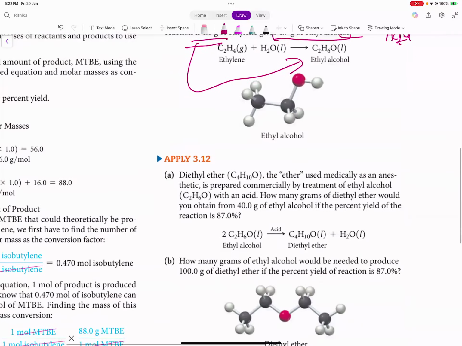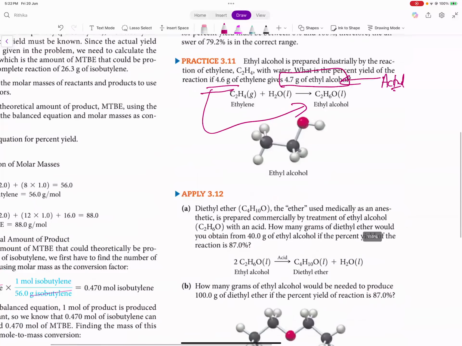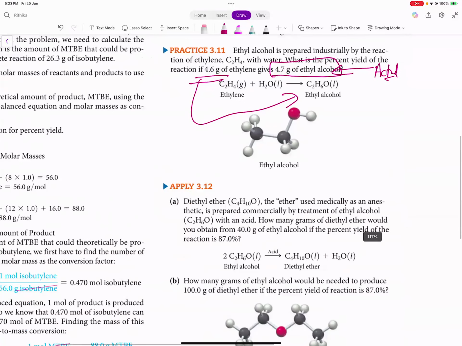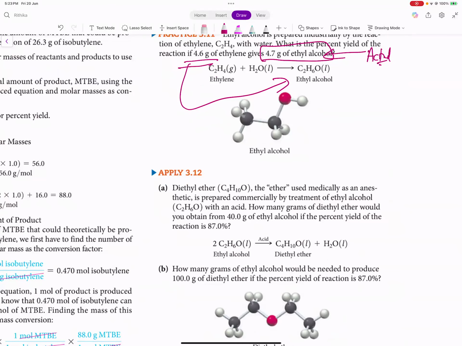In the meantime, go to the next, 3.12. For 3.11 you are getting 62.33.